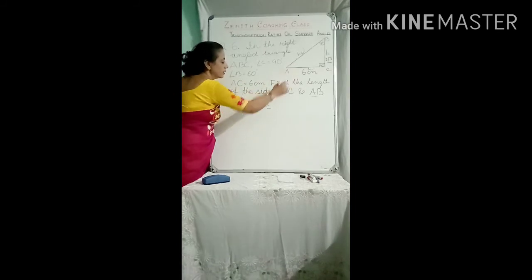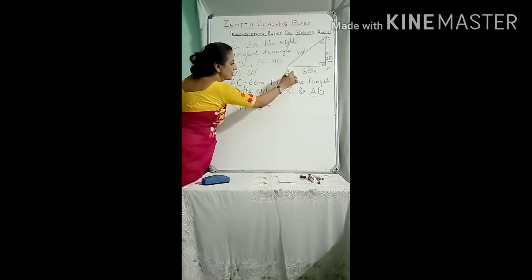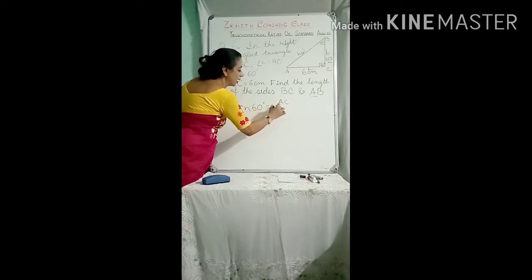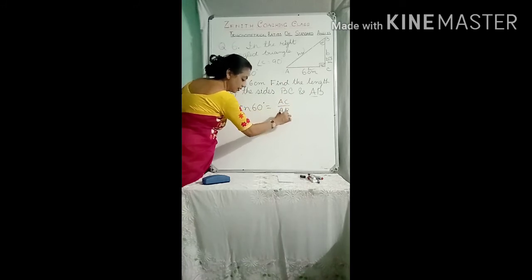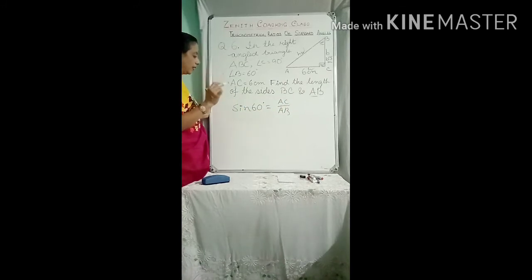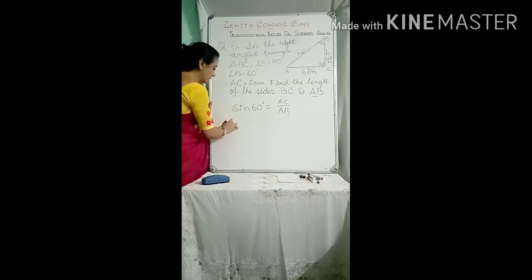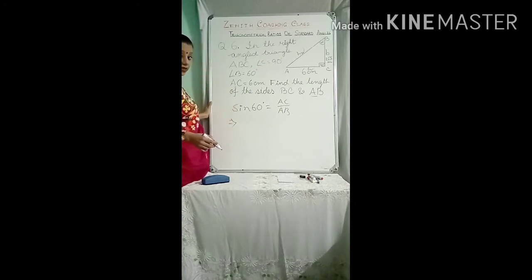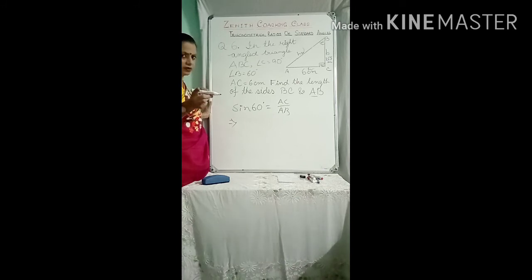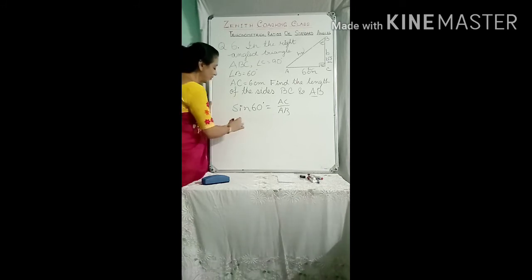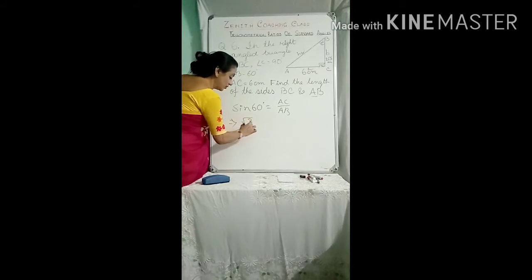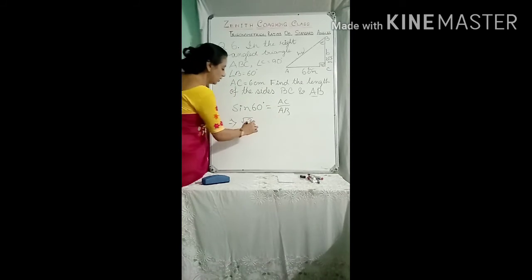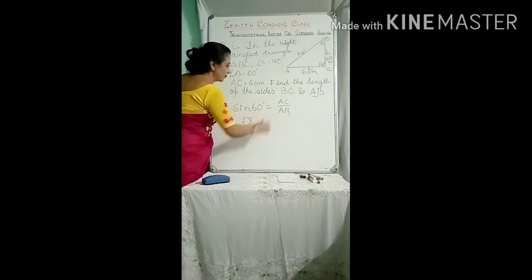So height is here 6, that is AC, so AC by AB. Sin 60 degrees, what is the value of sin 60 degrees? Yes, sin 60 degrees is root 3 by 2.